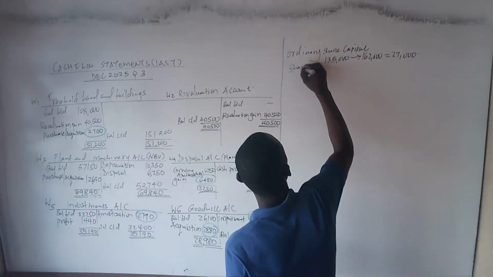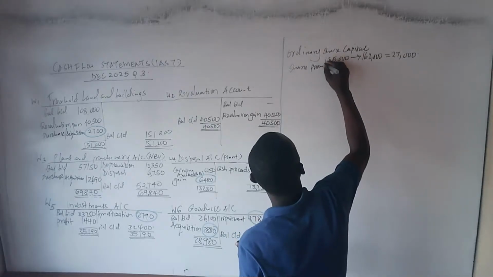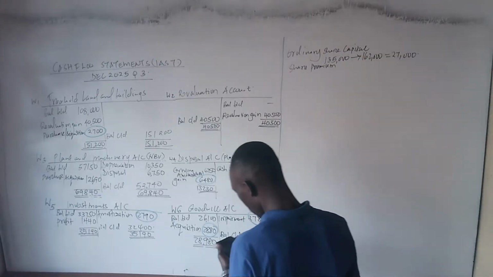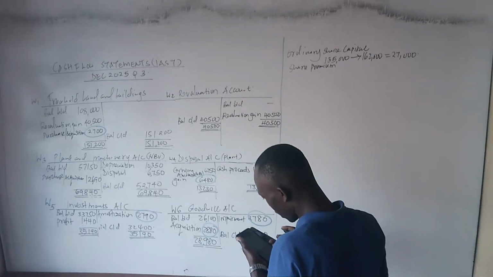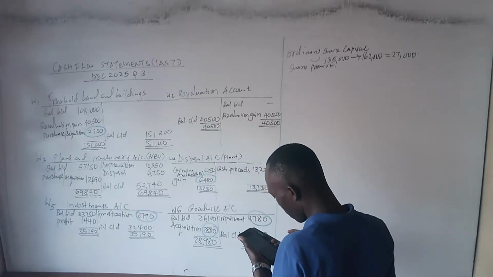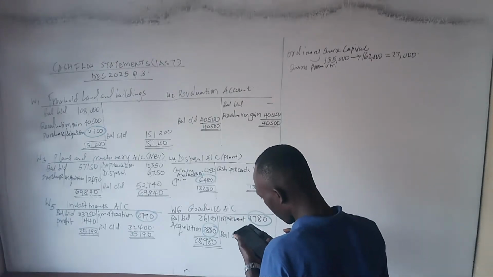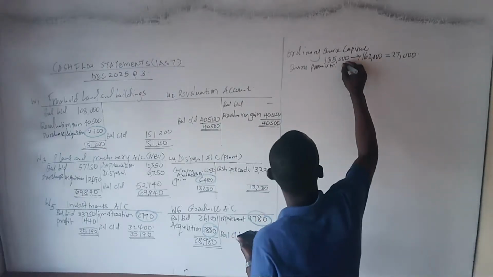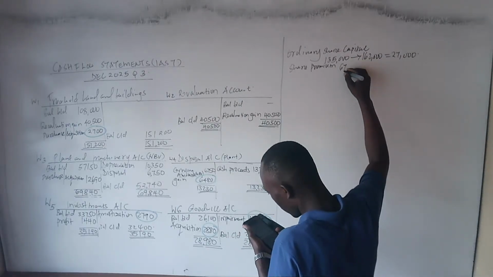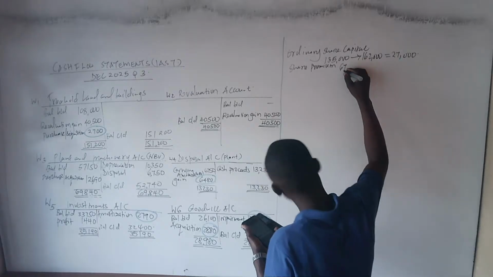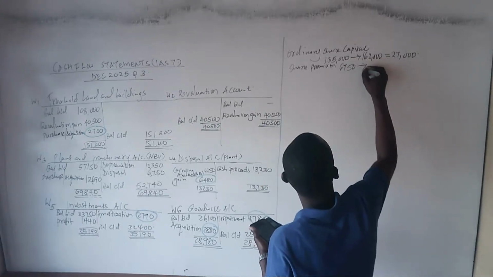Above there we have the share premium. The share premium at the beginning was 67,500.